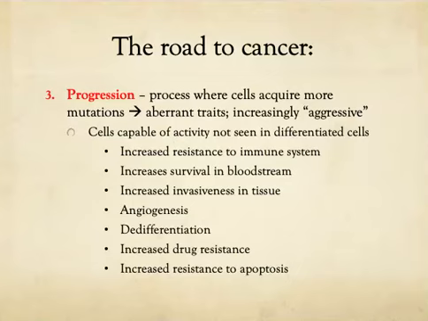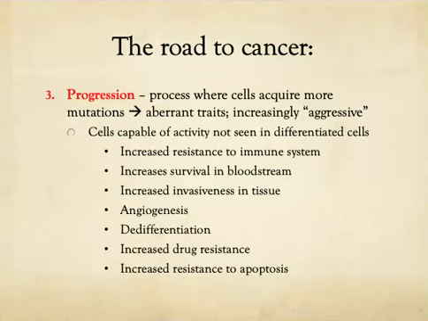These are cells that develop a resistance to the immune system. They are able to evade certain cells that normally survey for damaged or altered cells and destroy them. Cells in progression are able to survive other mechanisms that would destroy them in the bloodstream.